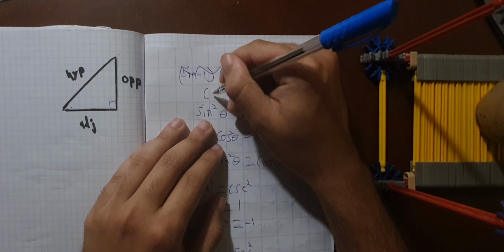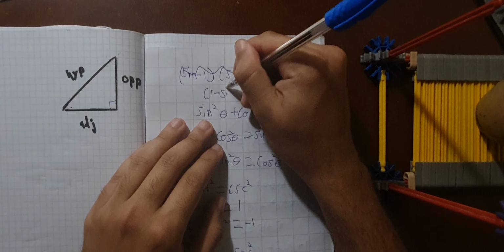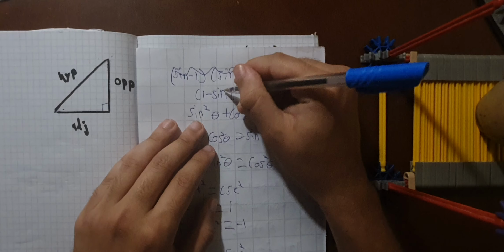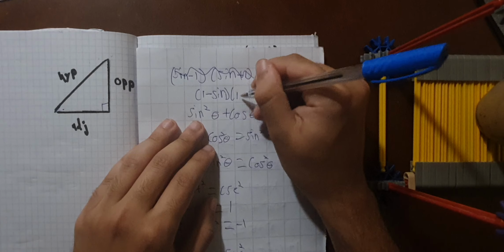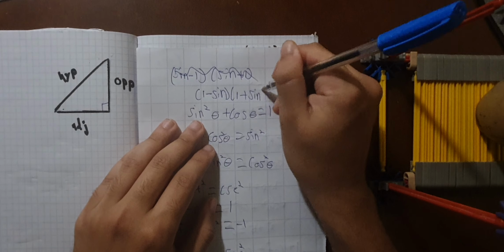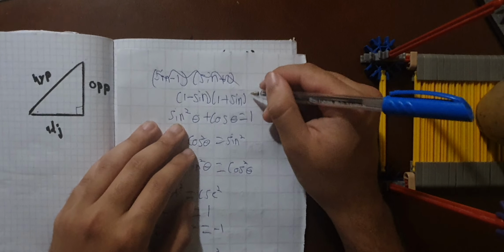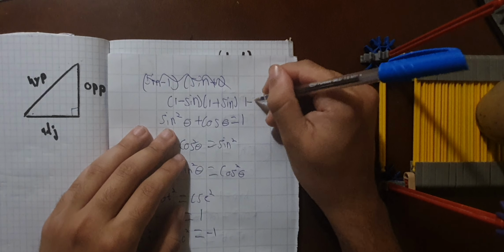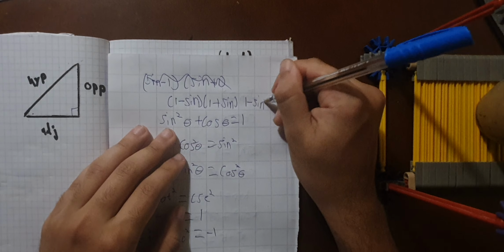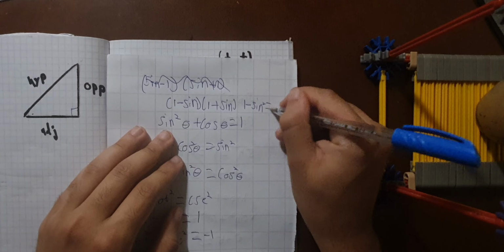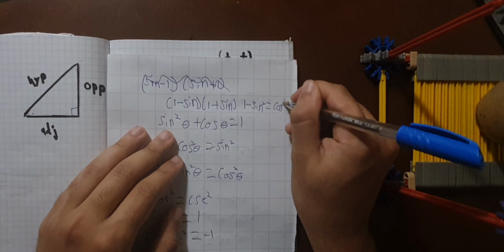I meant 1 minus sine times 1 plus sine. That's the difference between two squares, which means 1 minus sine squared. So all of this is equal to cosine squared.